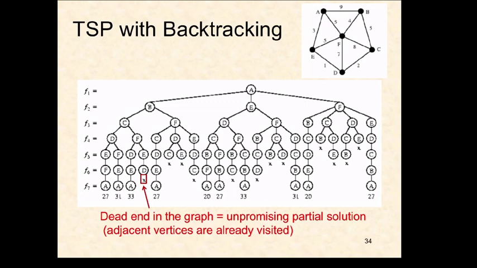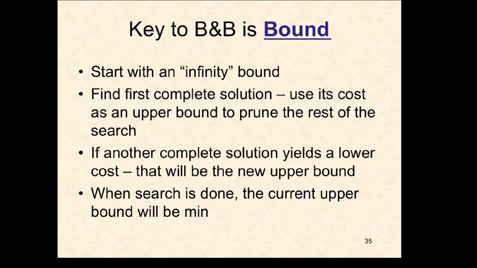So notice the first one here that we have marked is A, B, C, F, E, D. In the diagram in the upper right, A, B, C, F, E, D, and now I can't get back to A. Now, in your part C, you don't actually have to worry about this. In your part C, the graph is completely connected, so you'll never run into a dead end where you cannot finish the tour.